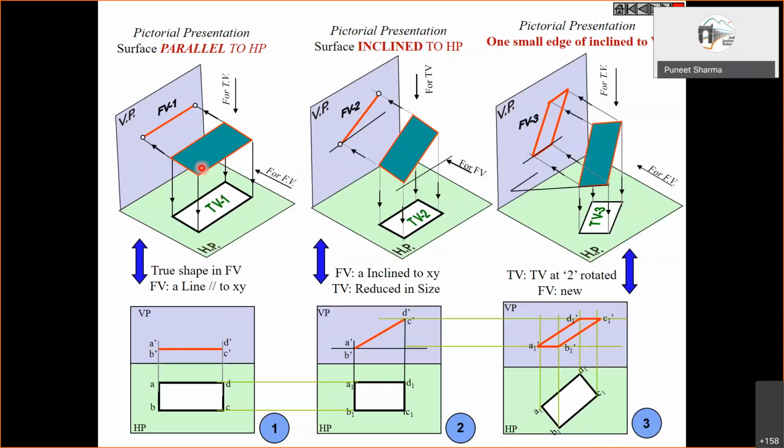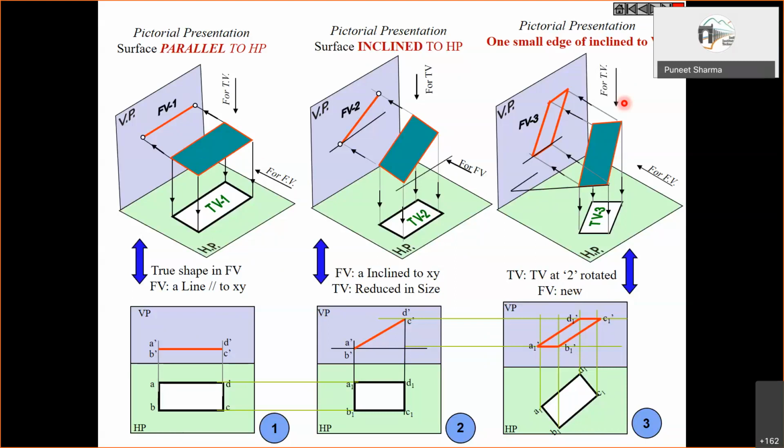One thing we had discussed last class is that to begin the drawing, first of all we need the true shape, because the true shape will allow us to draw it properly on the drawing sheet. For the inclined position, we will not have the true shape; rather, we will have some reduced lengths.